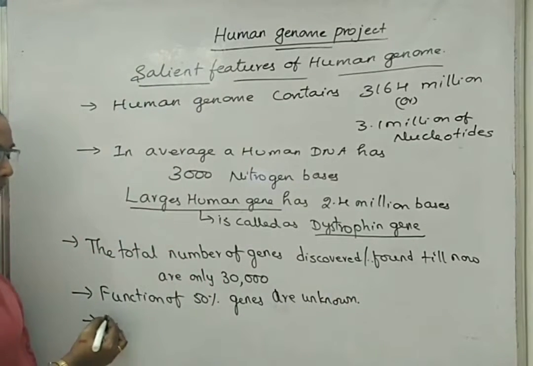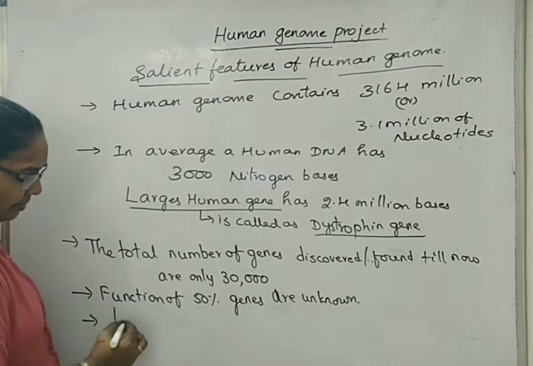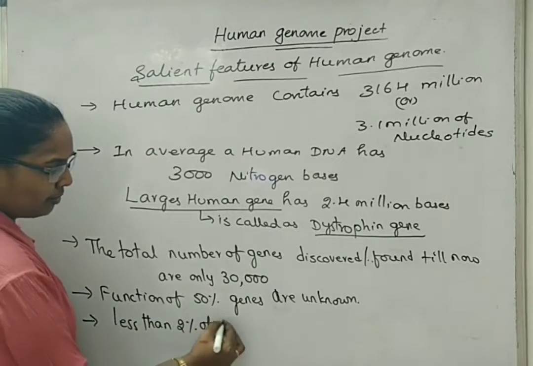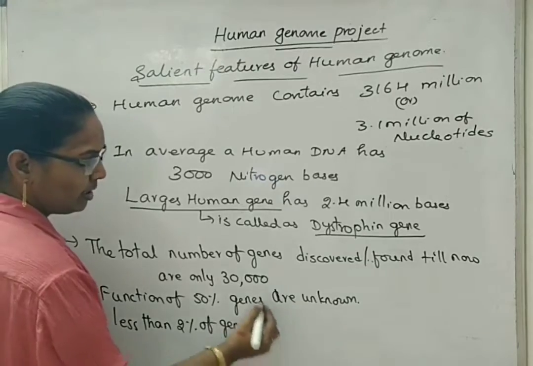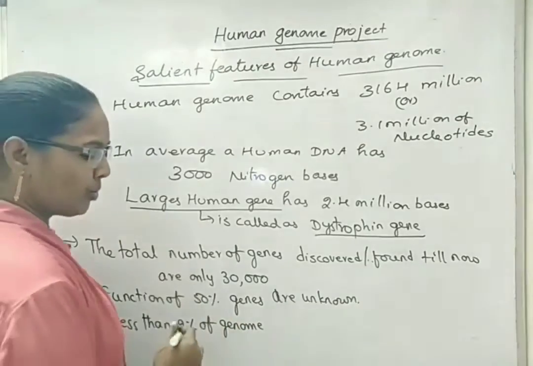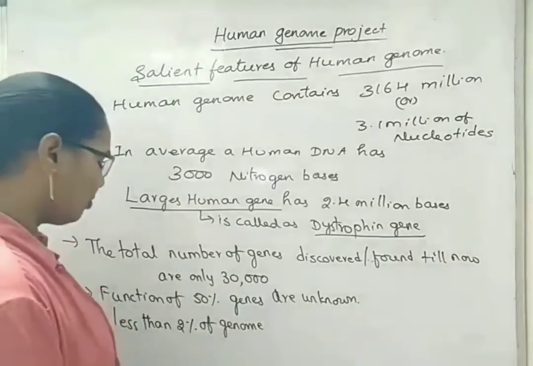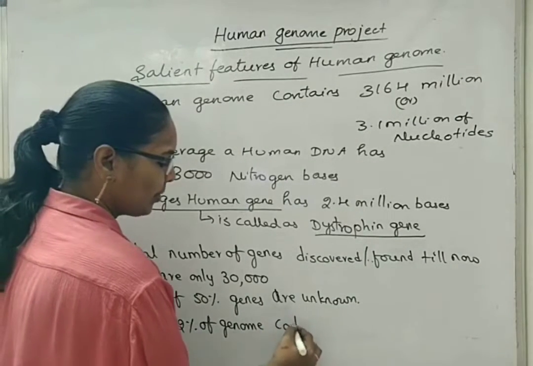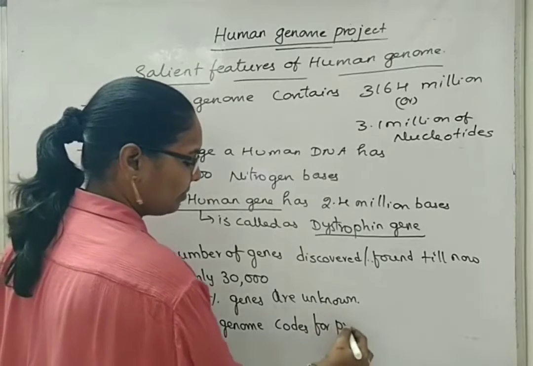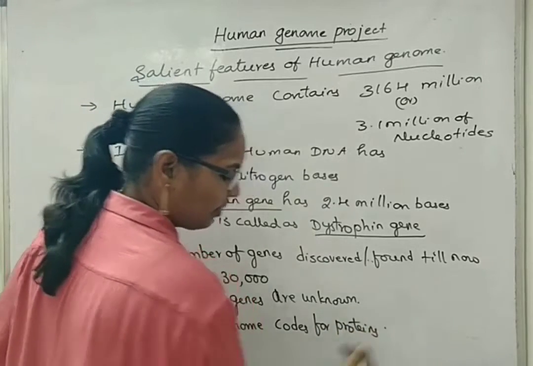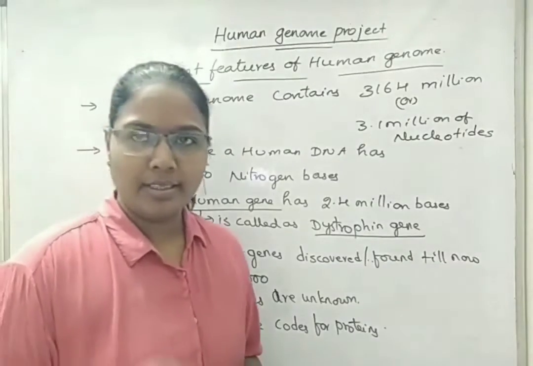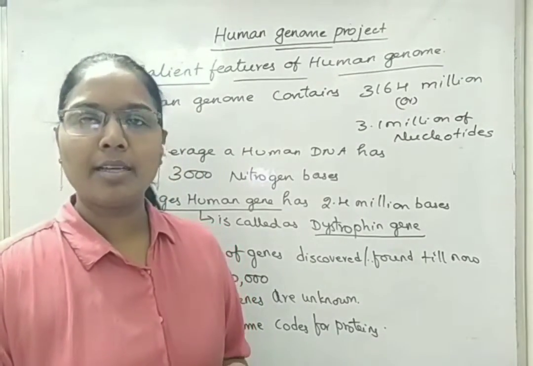Next, less than 2% of the genome, meaning the total DNA in one haploid chromosome, codes for proteins. By the time of 2003, all types of chromosomes were well studied.